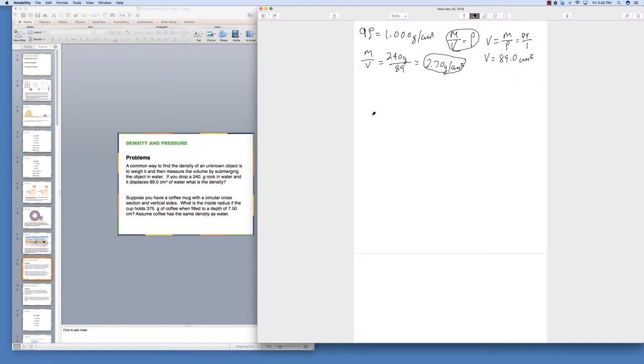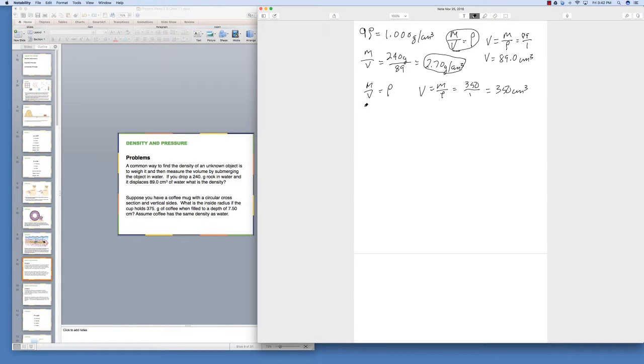Well, first of all, we know that mass over volume is equal to density. Therefore, volume is going to be mass divided by density, which is 350 grams of water divided by 1, or 350 cubic centimeters of coffee. So that's how much coffee we have.